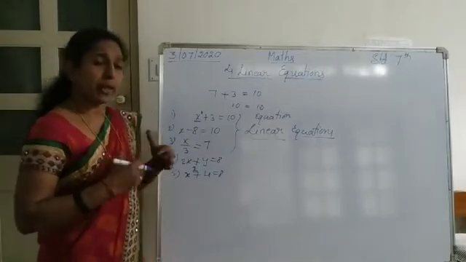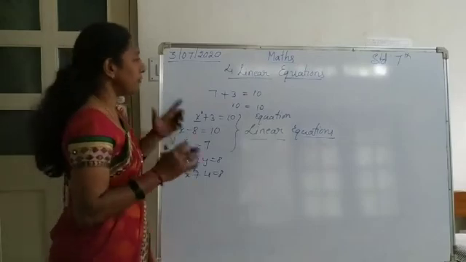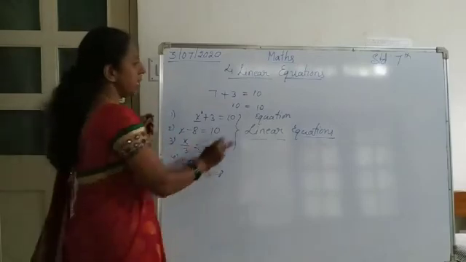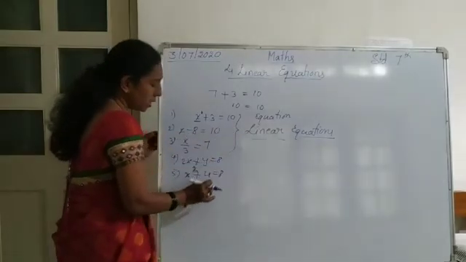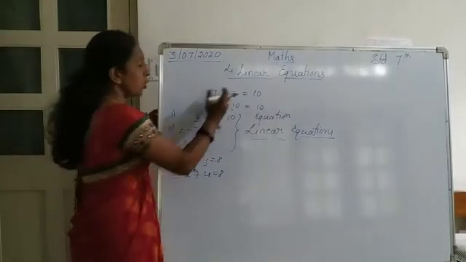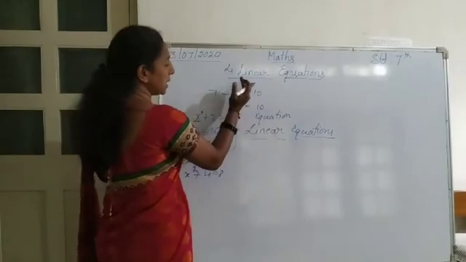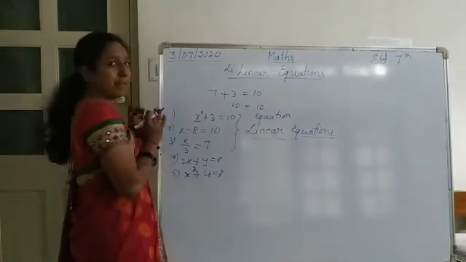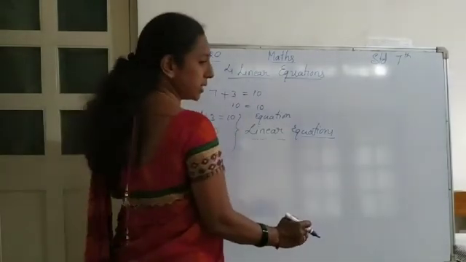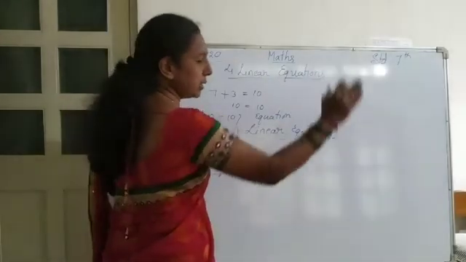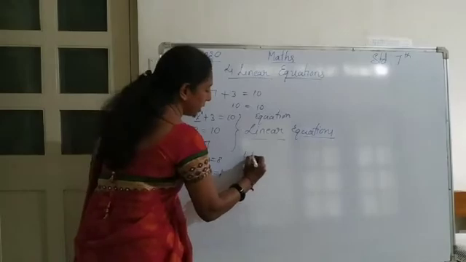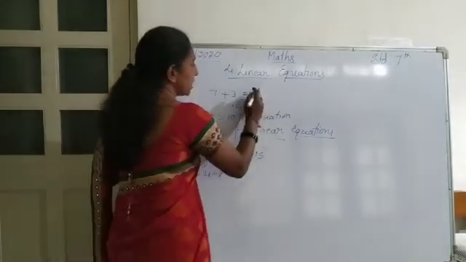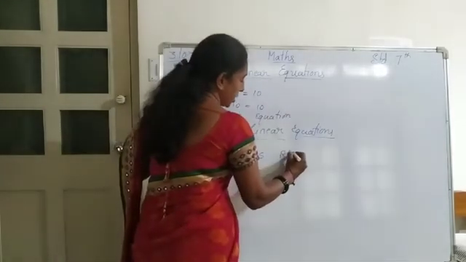Before we learn that, the first thing to remember is that one equal sign is there in all the equations. If you are standing on the equal sign, this is the left hand part, the LHS, and this is the right hand part, called the RHS.